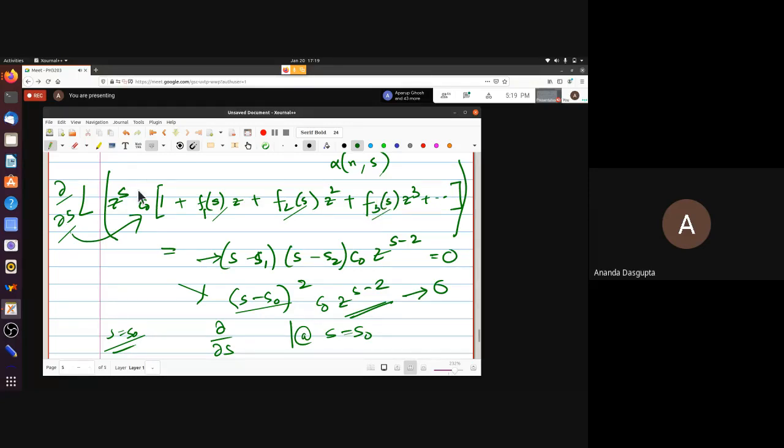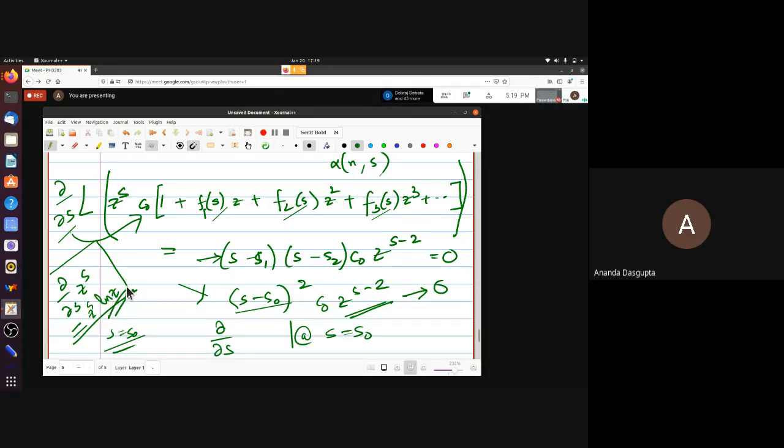Right. But there's also z to the s outside, right? So what do you get when you differentiate that with respect to s? Anybody remember that? What is del s of z to the s? Z to the power s itself multiplied by log of z.